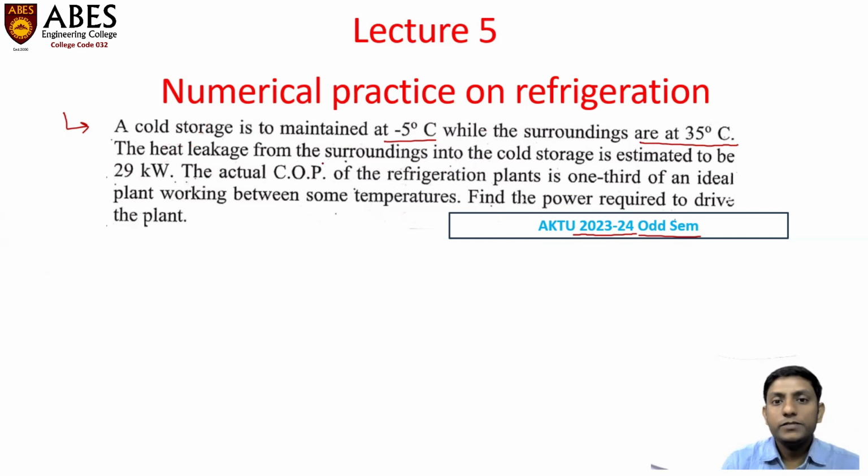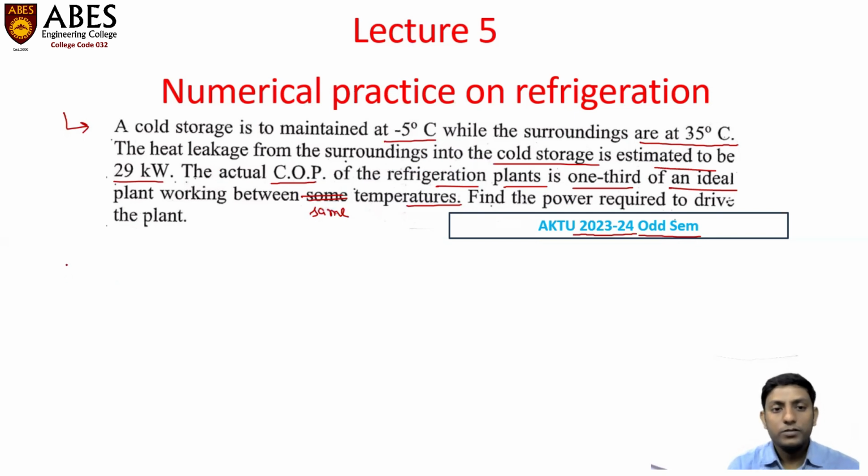The heat leakage from the surrounding into cold storage is estimated to be 29 kilowatt. The actual COP of refrigeration plant is 1/3 of an ideal plant working between the same temperatures. Find the power required to drive the plant.